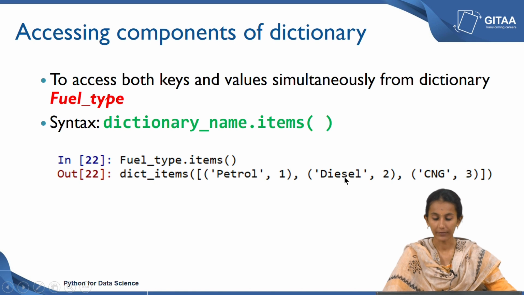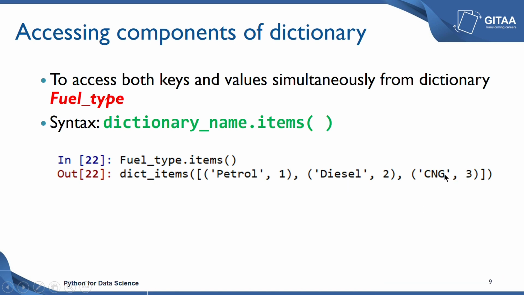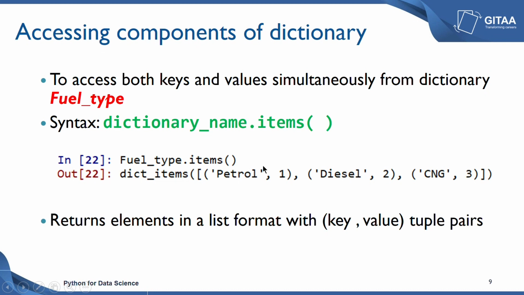Similarly, we have diesel and its corresponding value, and CNG and its corresponding value. It returns the elements in list format, with each key and value as a tuple pair. Petrol 1 is enclosed in parentheses, so this becomes a tuple. This is another tuple, and this is another tuple.